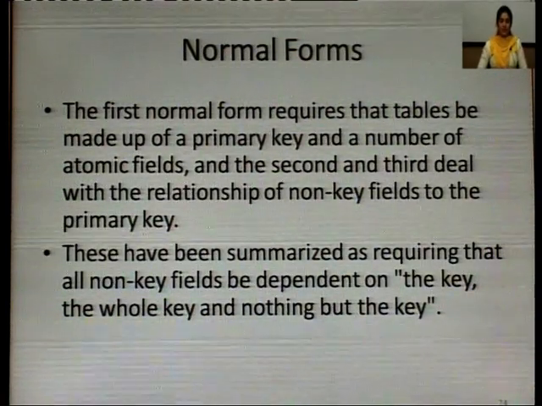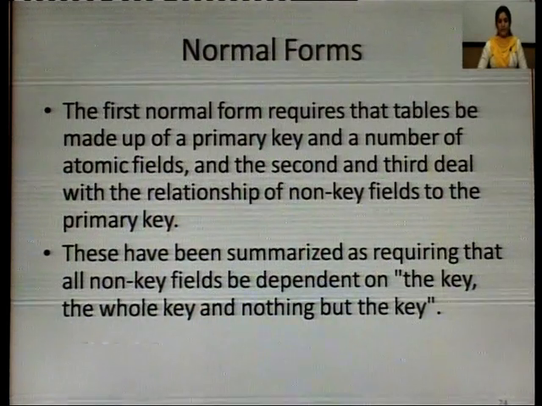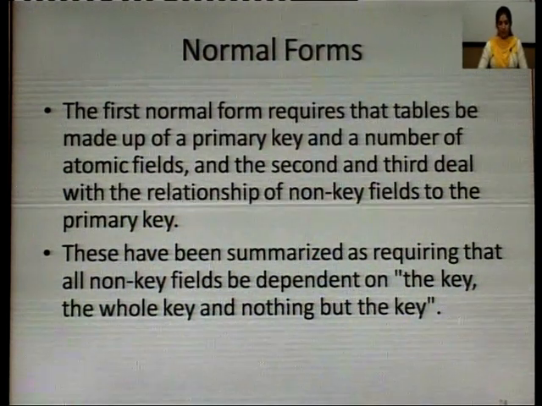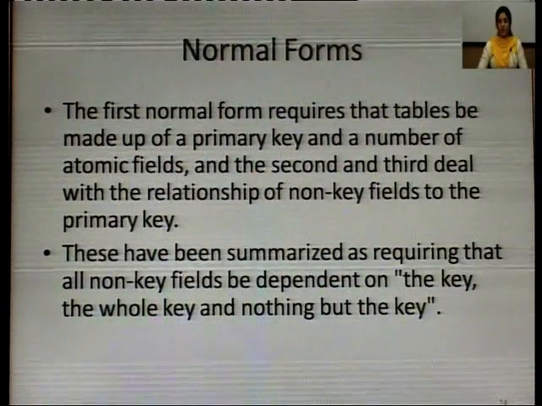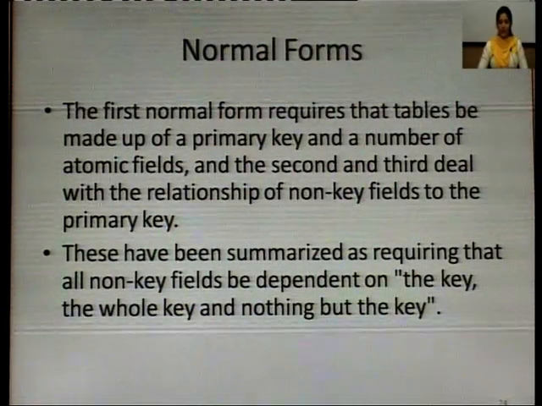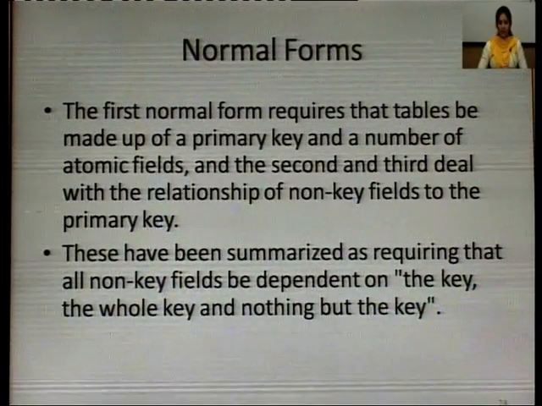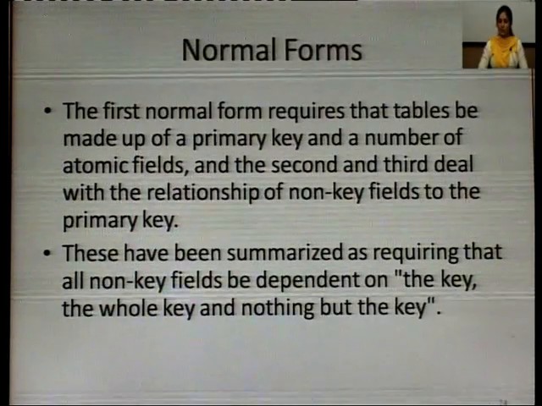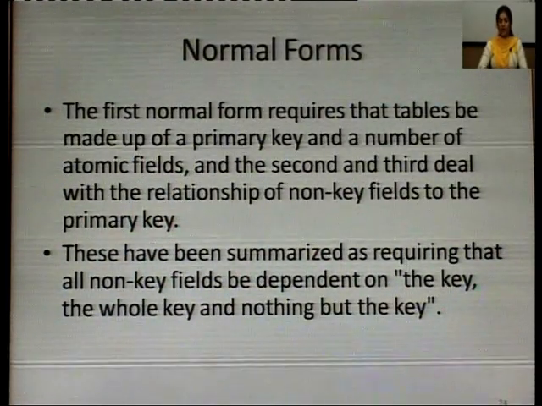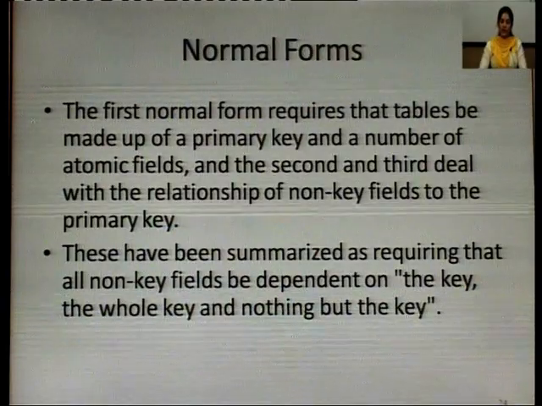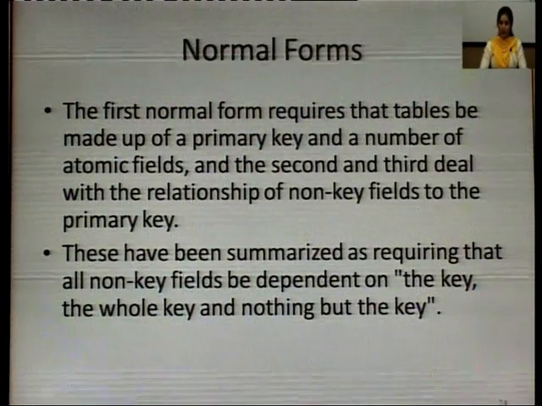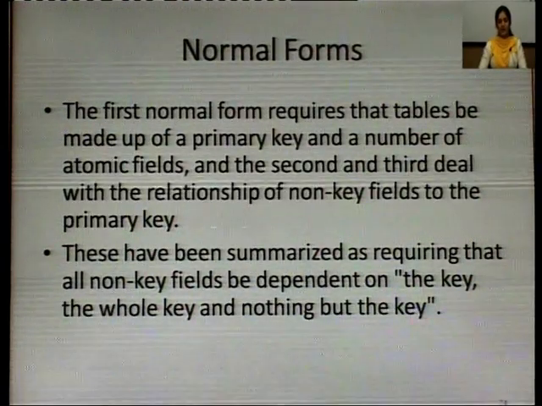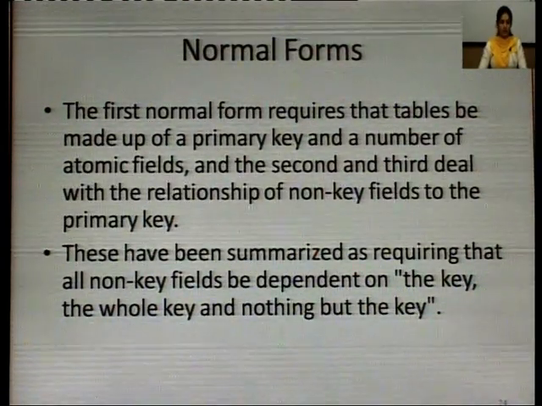Let's study the first normal form, what it says. The first normal form requires that the table be made of a primary key and a number of atomic fields, and second and third deal with the relationship of non-key fields to the primary key. In the very first normal form, you will have to identify a primary key for your database, a unique field which will identify the information of your database uniquely.